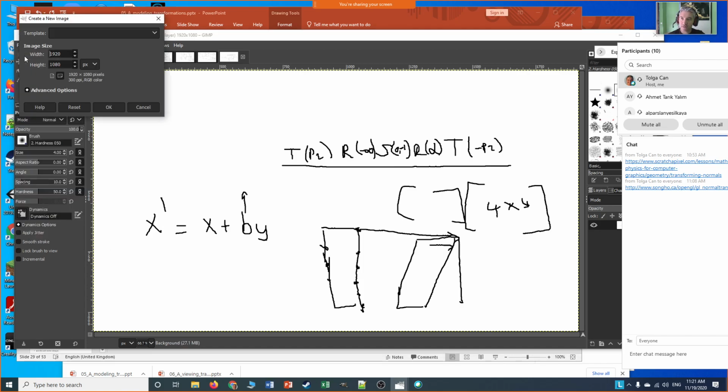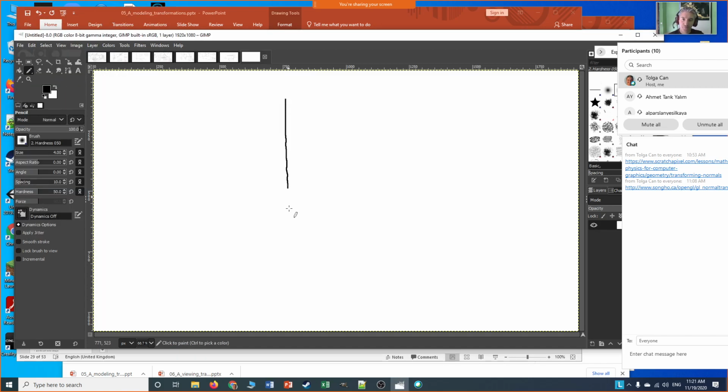Let me get a new whiteboard. Imagine we have an arbitrary vector that passes through the origin. Now there are 2 angles associated with this vector, considering the major planes. One of them is how high this vector is.